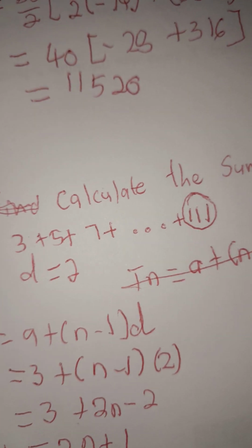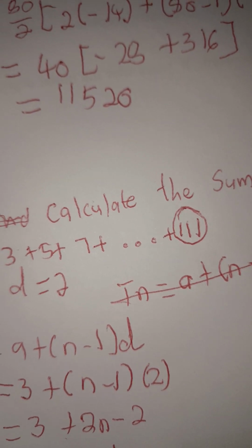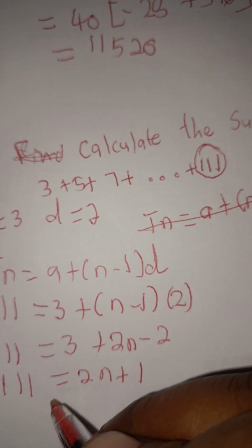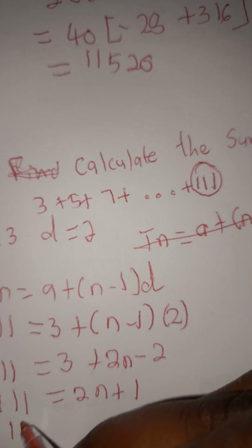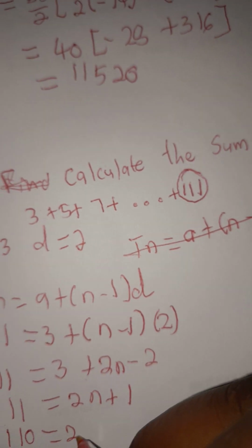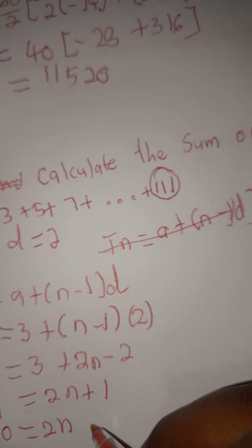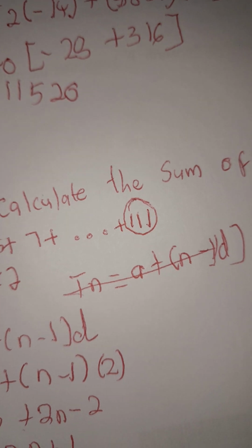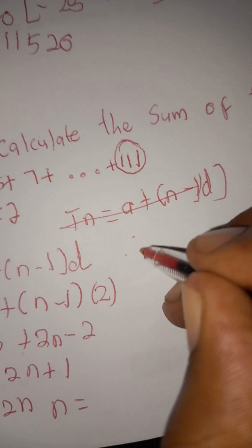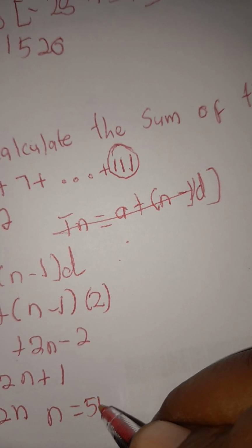Then we know 111 equals that. Take 1 to the other side: 111 minus 1 will be 110. Then we divide both sides by 2. 110 divided by 2 gives you 55, so n is 55.